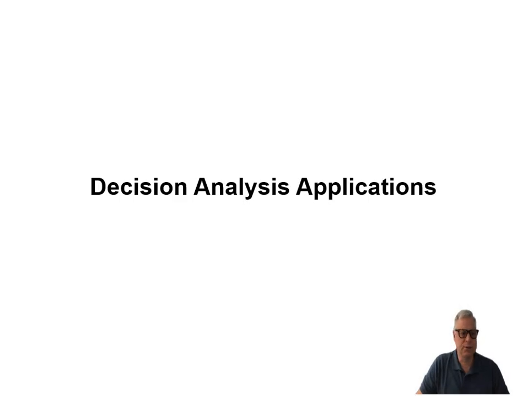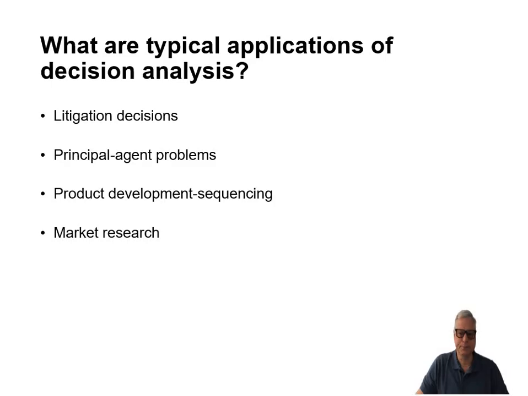Okay, so in the next couple of videos, let's go over some decision analysis applications. Specifically, let's talk about litigation decisions, then the principal agent problem, the product development sequencing problem, and a market research problem.